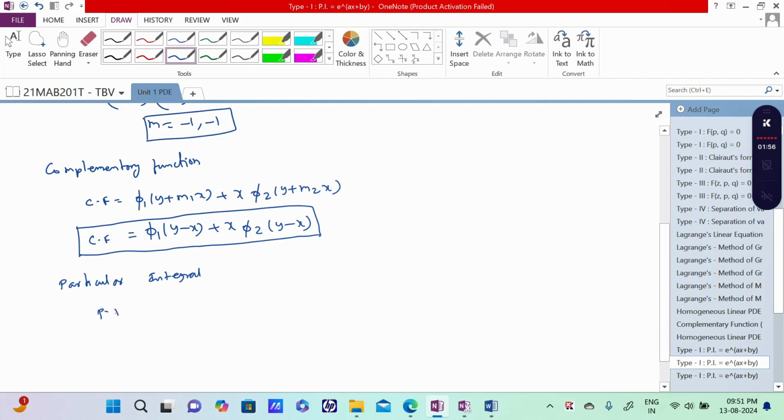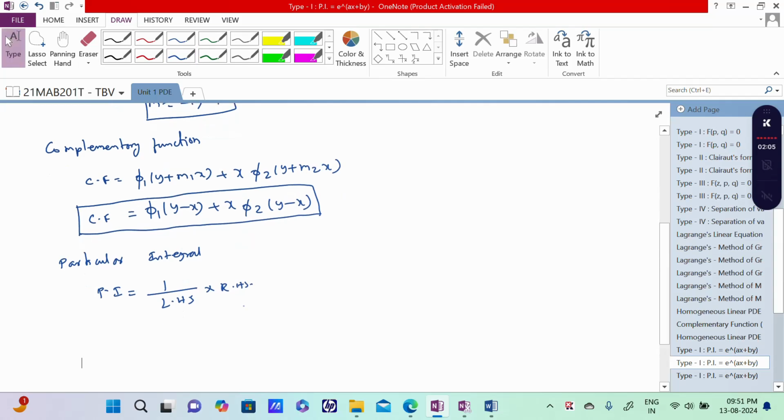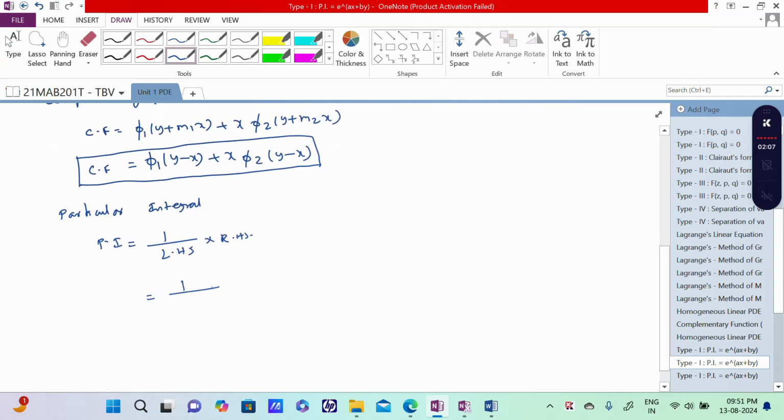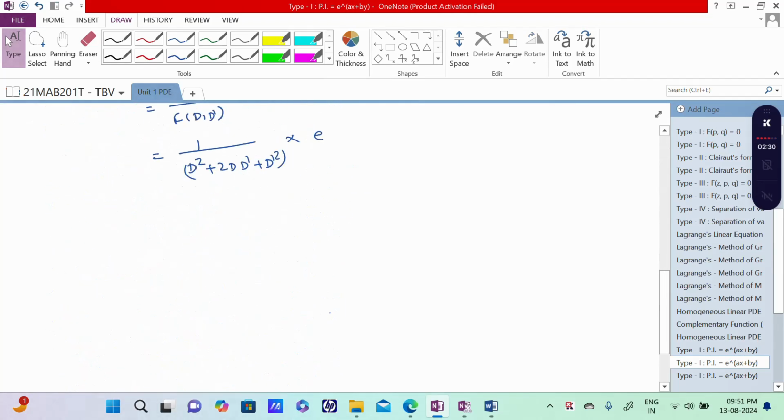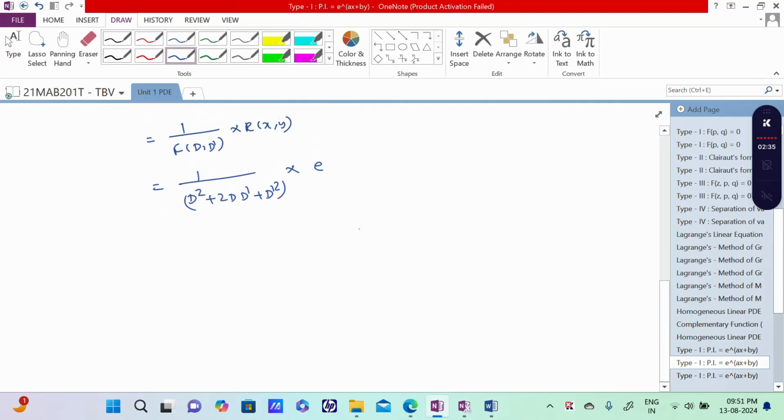To calculate the particular integral, PI equal to 1 by the left hand side function into the right hand side from the question. That is 1 divided by f of D comma D dash into R of x comma y, which is 1 divided by (D square plus 2DD dash plus D dash square) into e power x plus 2y. What is the type?